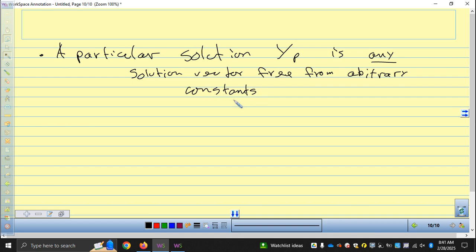Constants for us, for what we're doing. Arbitrary constants, and I'm going to say that satisfy the system.